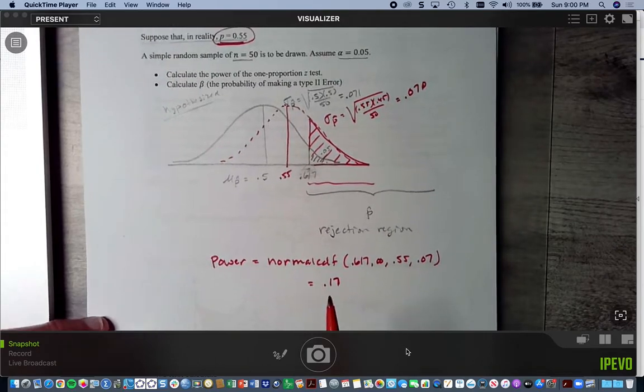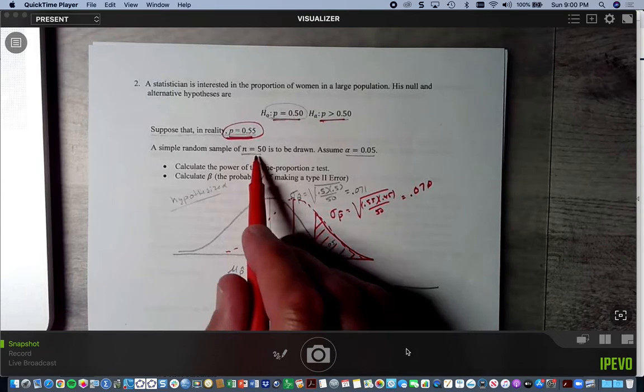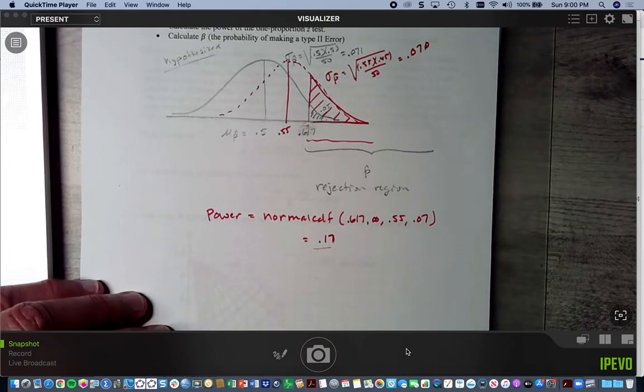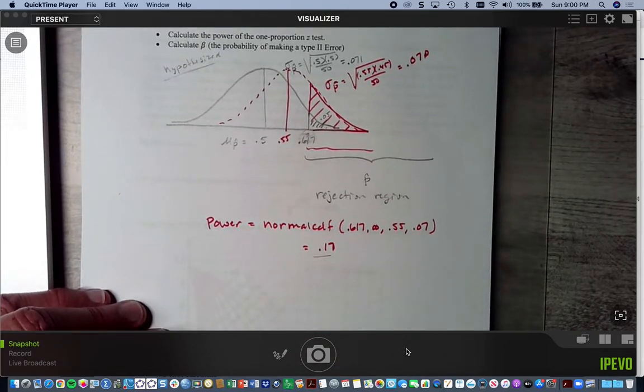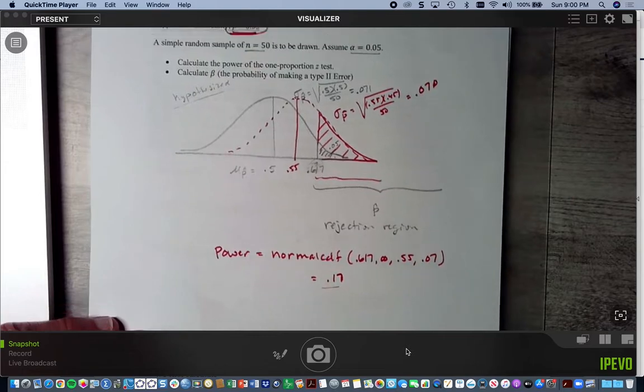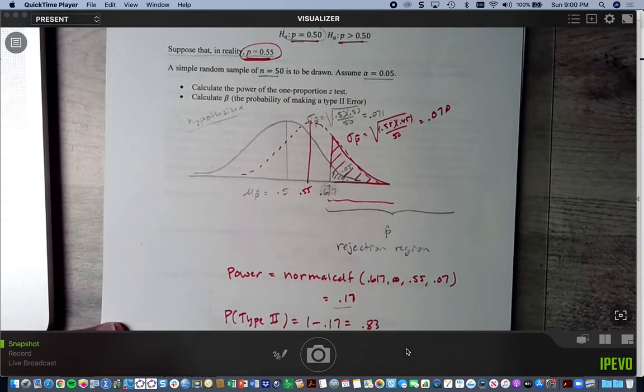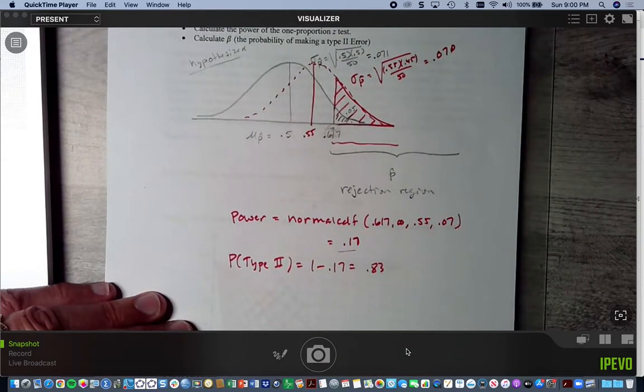If I gave you all an assignment, go out and select 50 people from this population and run this test, about 17% of you would probably reject the null, which means the rest of you are going to make the wrong decision. So the probability of a type 2 error would be 1 minus 0.17. There's an 83% chance that you're going to make the wrong decision here.